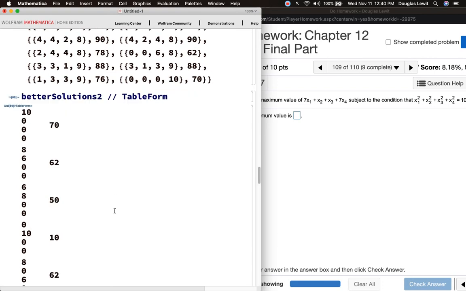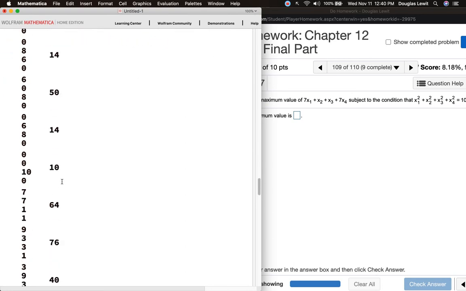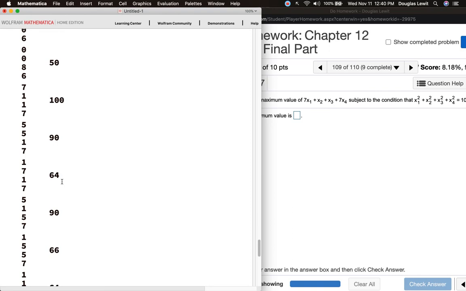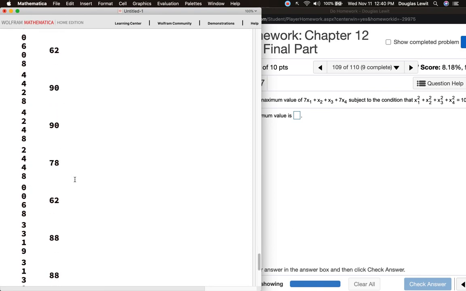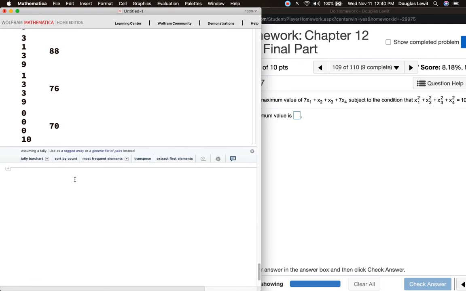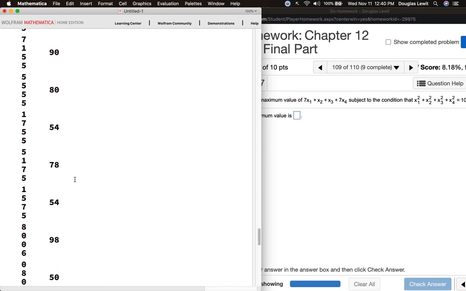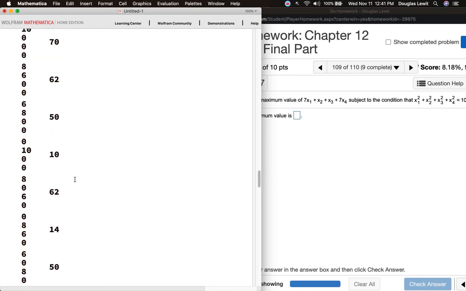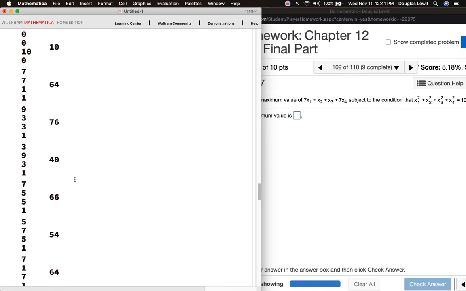Okay, so here you can see if x1 is equal to 10, the max is 70, 62, and so on. So we're actually looking for the maximum, and actually the maximum looks like it is, one second.